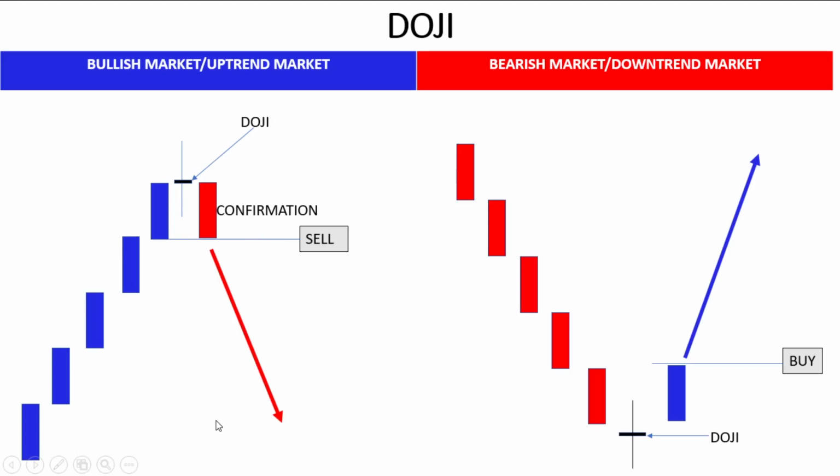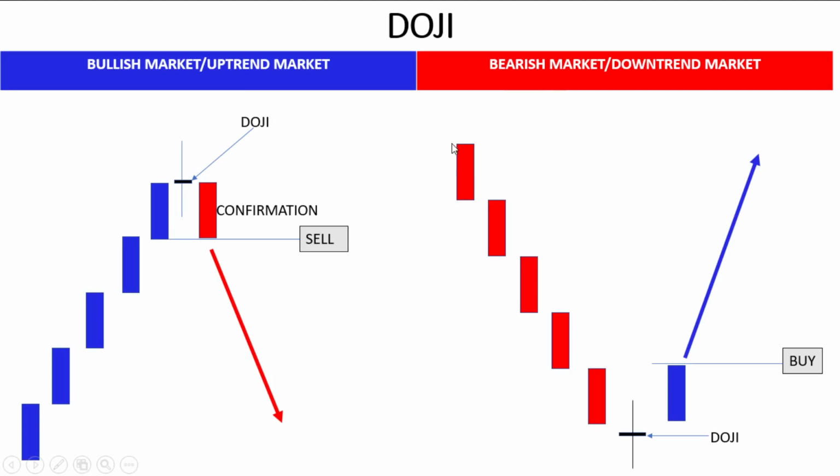Let it be 1:2 at minimum. We can accommodate 1:1.5, meaning that if in this area you are willing to lose, let's say, $1, you should at least make $2 or $1.50. I hope that makes sense.